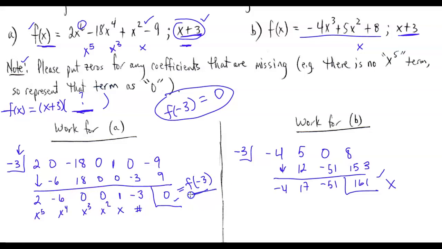That's the same thing as saying that if I plug in -3 for x in each term of this polynomial, I would get 0 as a result. Similarly here, if I plugged in -3 everywhere for x in this particular polynomial, I would get 161 as a result.